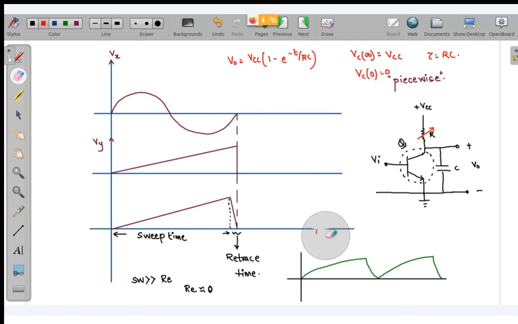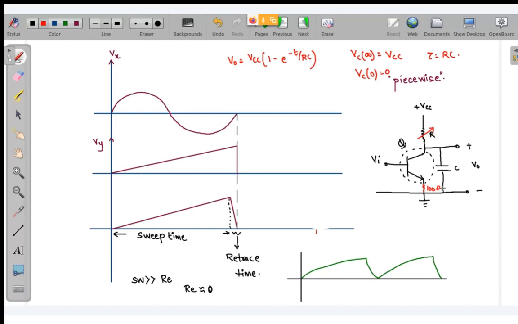Fixed. Obviously you want it to be fixed, and as low as possible. You can see there is no resistance in the emitter path ideally, so retrace time should be 0. But practically there is a small resistance, somewhere around 100 ohm, in your emitter terminal.